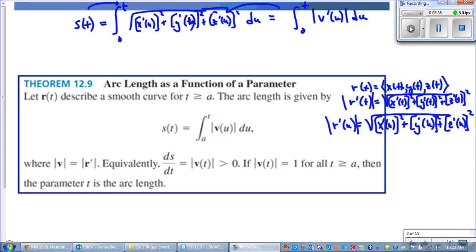So from that, what we want to do is take the derivative of both sides, and I'm going to differentiate with respect to t. So the derivative of the left side, the derivative of s with respect to t, will be the derivative of the right side with respect to t.